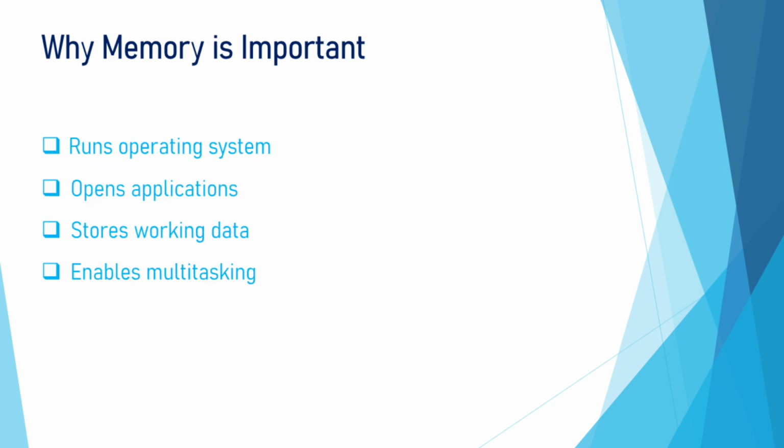Now let us see why memory is important. Imagine opening Microsoft Word. When you click the Word icon, it doesn't run directly from the hard disk. Instead, it is first loaded into RAM. The CPU then accesses it from RAM because RAM is much faster than a storage device.